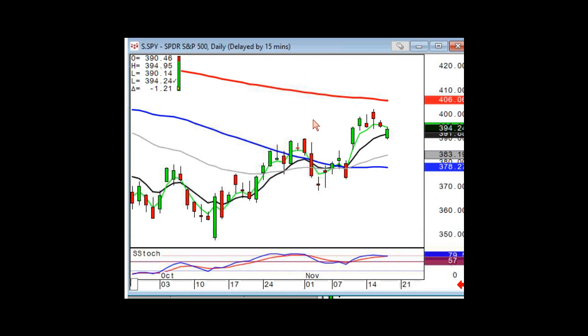Now this puts us into two categories. One, we're in a consolidation, choppy market. What's that usually say about the favoritism to bullish charts or bearish charts? There's really no great movement one way or the other.